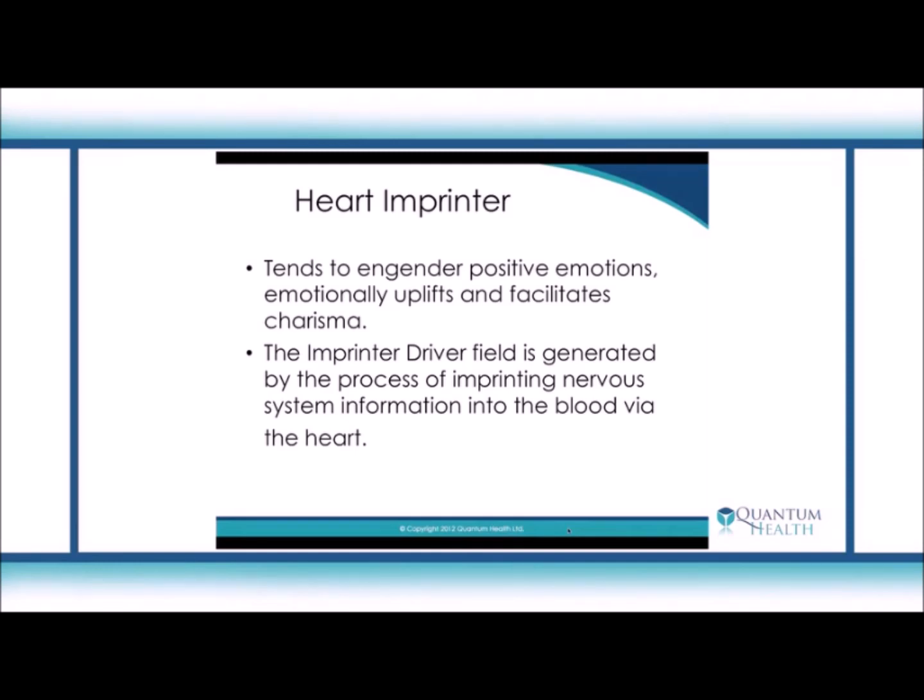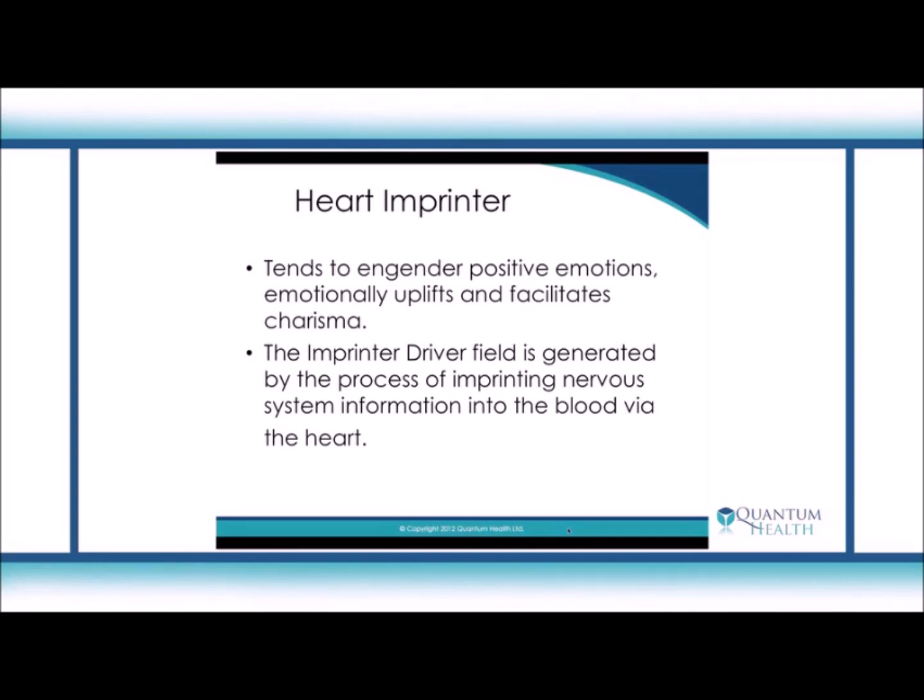And I guess you'll probably ask where the information is coming from. There's a link through the nervous system directly between the brain and the heart. It's quite interesting: the information is often processed in the brain, but it's actually imprinted through the heart, and the heart also regulates the rest of the information and what you're thinking.